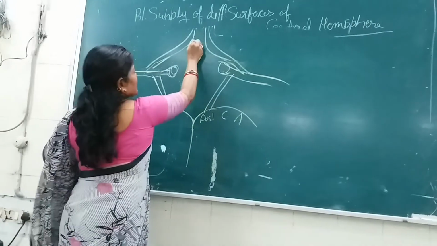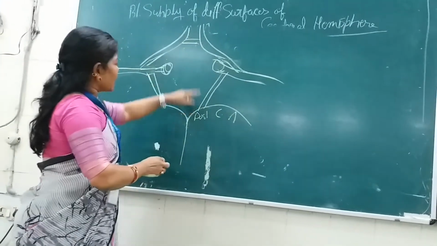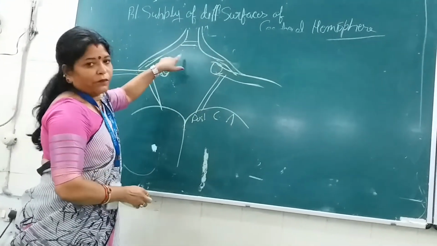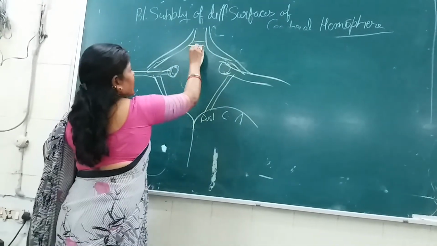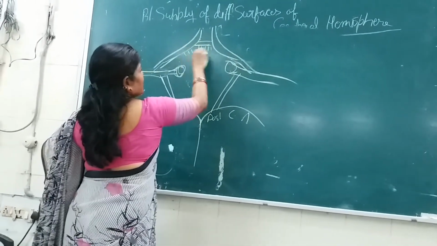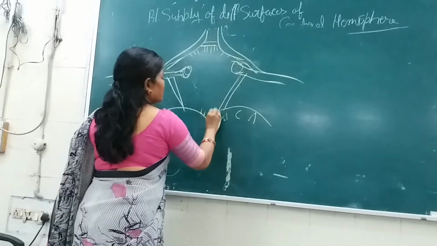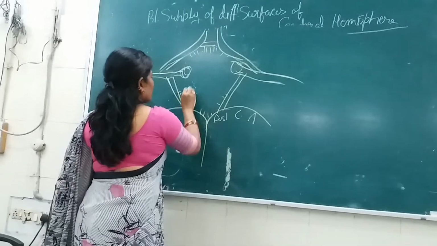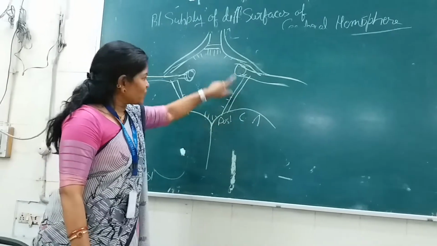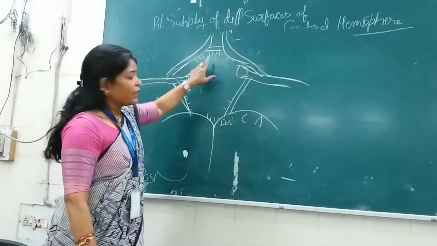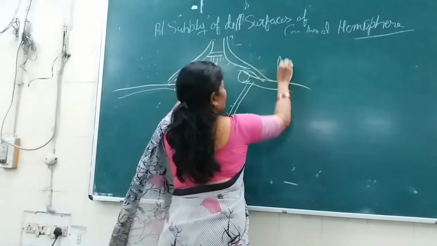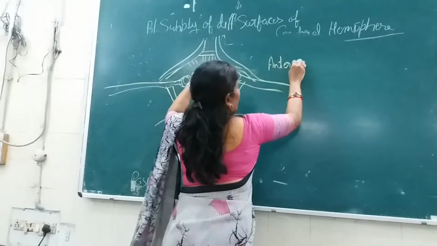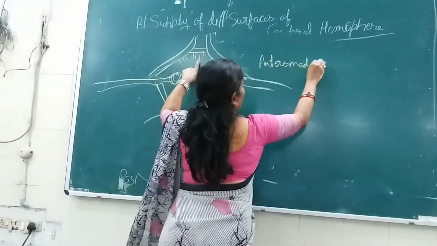Now we have discussed this circle of Willis, situated in the interpeduncular fossa, and there were central branches emerging from the arteries which are forming the circle of Willis. There were four groups. This is the anteromedial, yes or no?